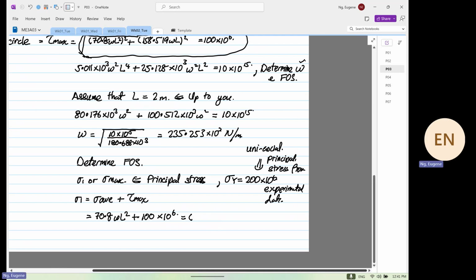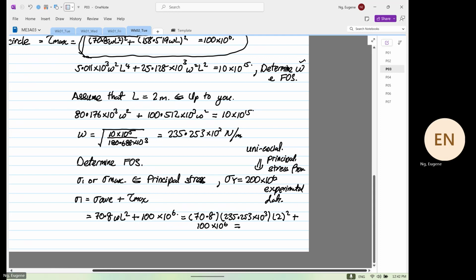So this will be equal to 70.8 multiplied by 235.253 times 10 to the power 3 multiplied by the length of 2 meters squared, plus 100 times 10 to the power 6.